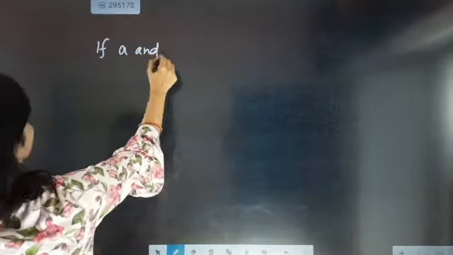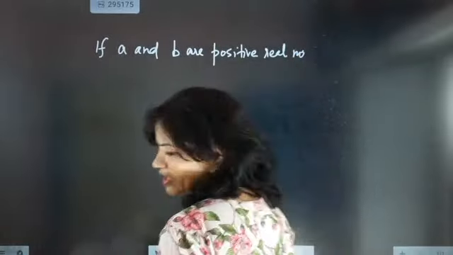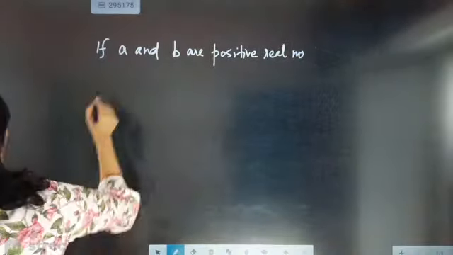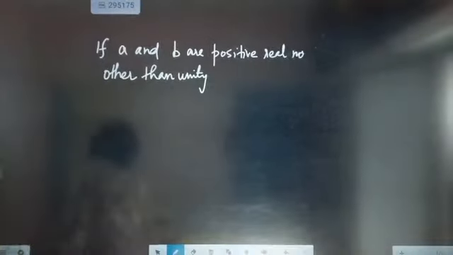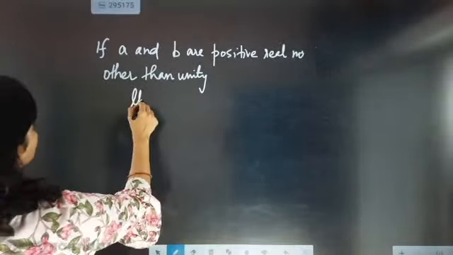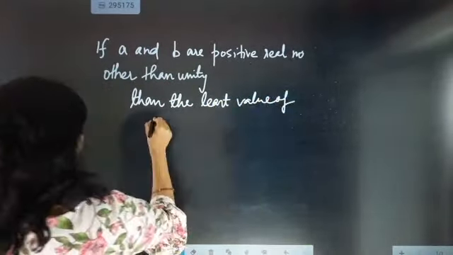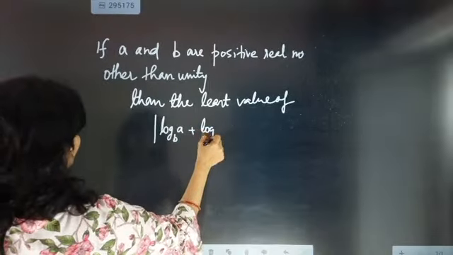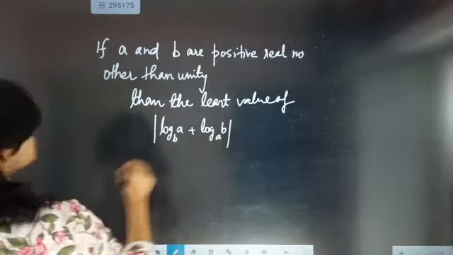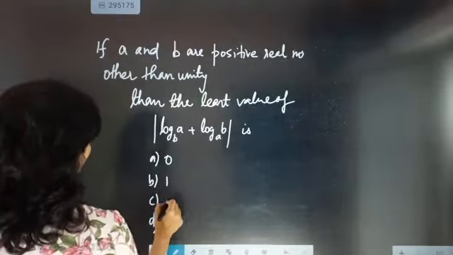Question is, if A and B are positive real numbers other than unity, then the least value of modulus of log base B of A plus log base A of B is, options are 0, 1, 2, none of these.